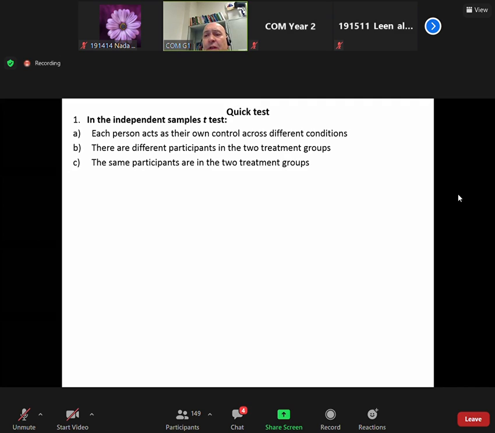So what you can get from this analysis is whether drug A and drug B are different in their effectiveness to prolong sleep. Is one more effective at increasing sleeping time compared with the other? That's what you get out of it.